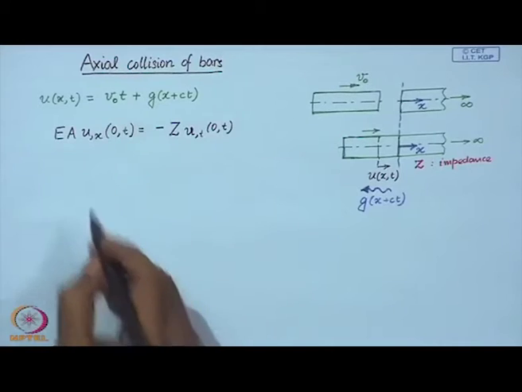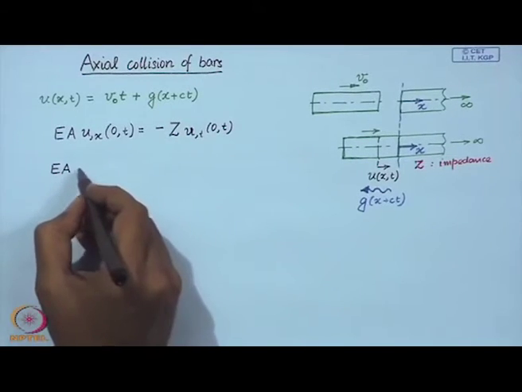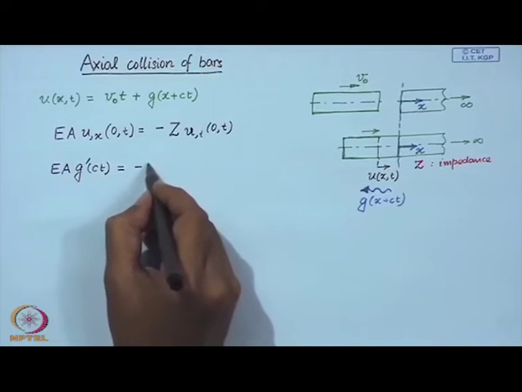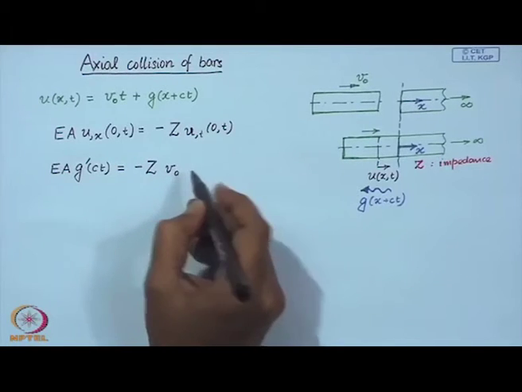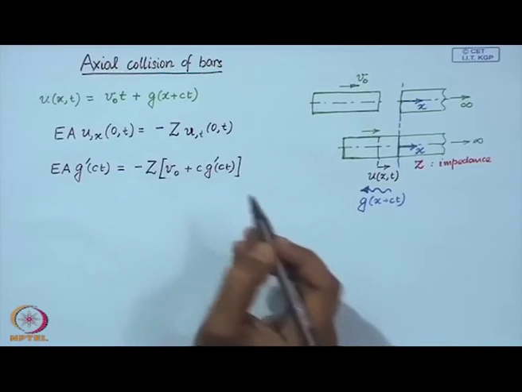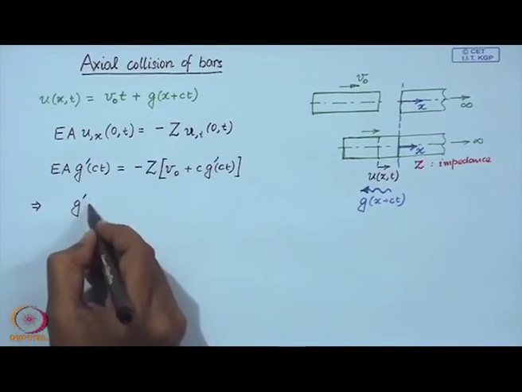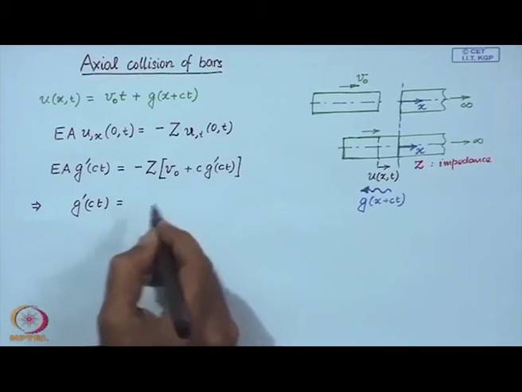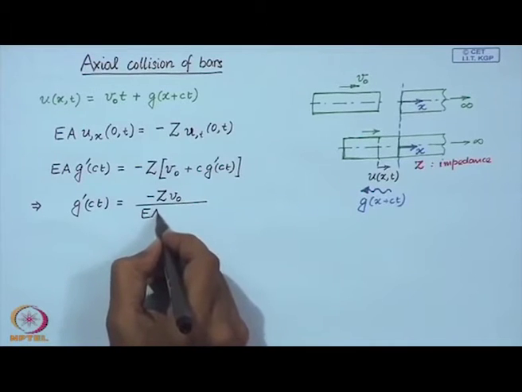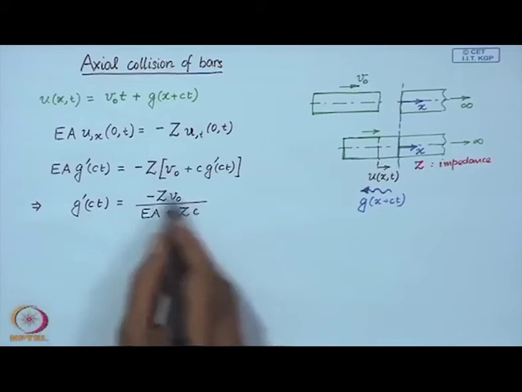If you substitute this expression of u in here, this is what we get, and from here we can solve, so g prime(ct) is given by this expression.